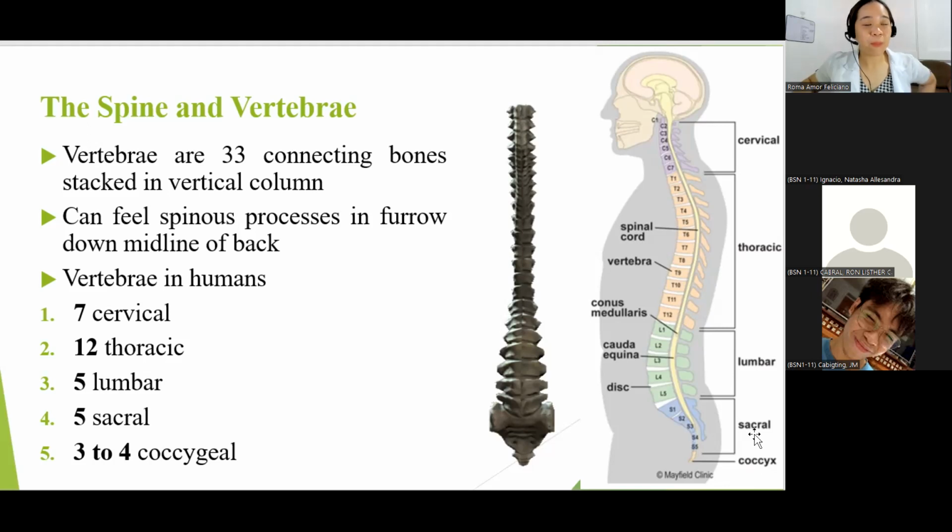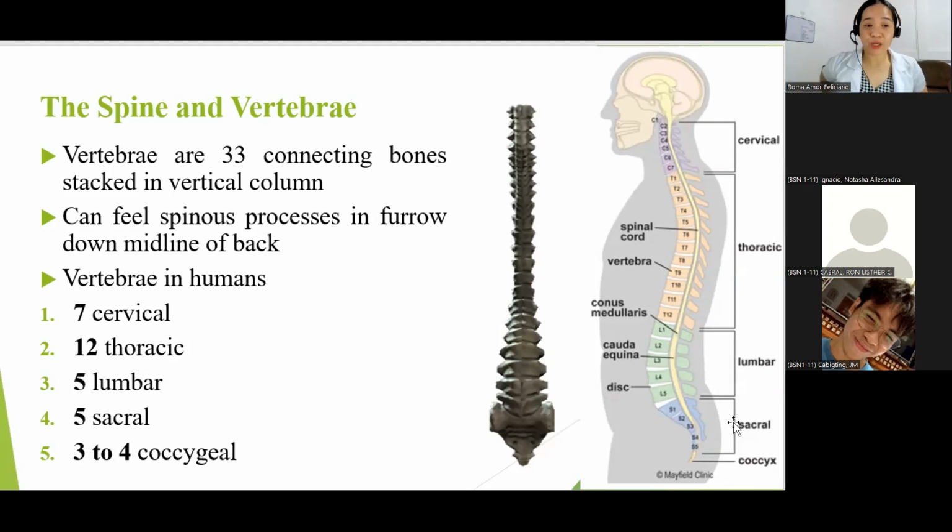Pag nakaupo kayo ngayon, class, di ba ang iyong buttocks, meron kang mararamdaman na parang bony structure sa gitna ng iyong buttocks area. Kapag sobrang tagal mong nakaupo, mararamdaman mo parang nangangala yung buto mo dito.